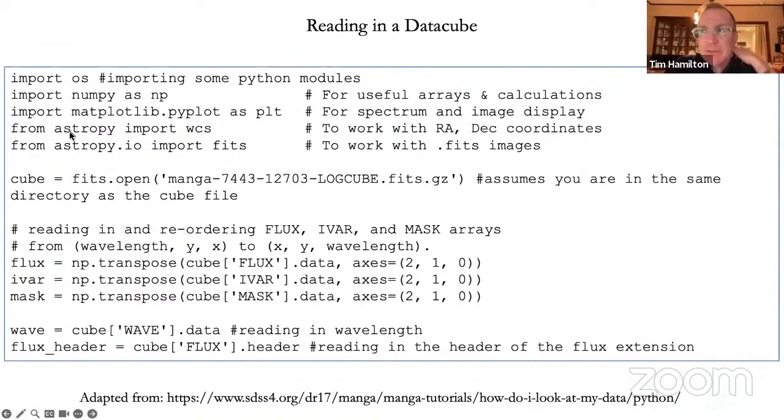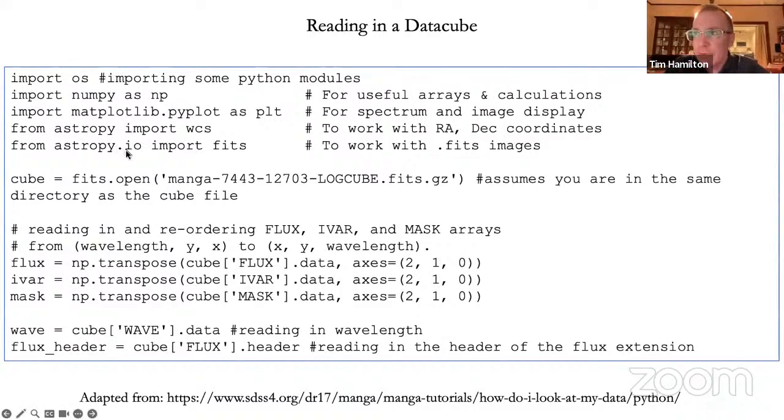There is the fantastic and reasonably new package called AstroPy, which I think all of you should get to be familiar with. We have the World Coordinate System package in that, WCS, that allows us to handle the orientation, the scale, the direction, positions of these images, right ascension, declination, and so on.